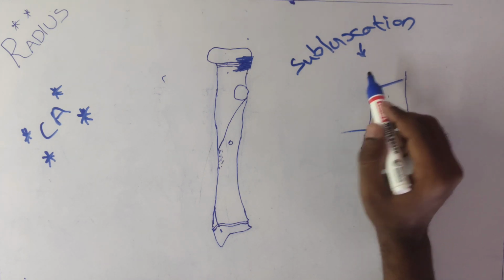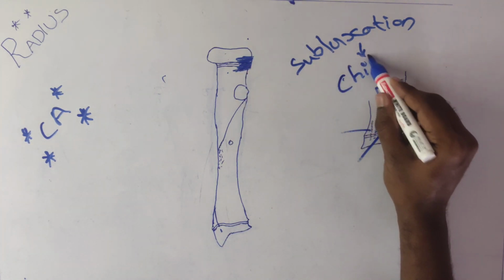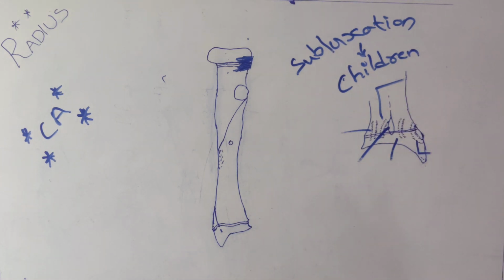Subluxation of head of radius mostly occurs in children. I will provide pictures of all these clinical anatomy topics on Instagram along with the notes, so you can understand very easily.